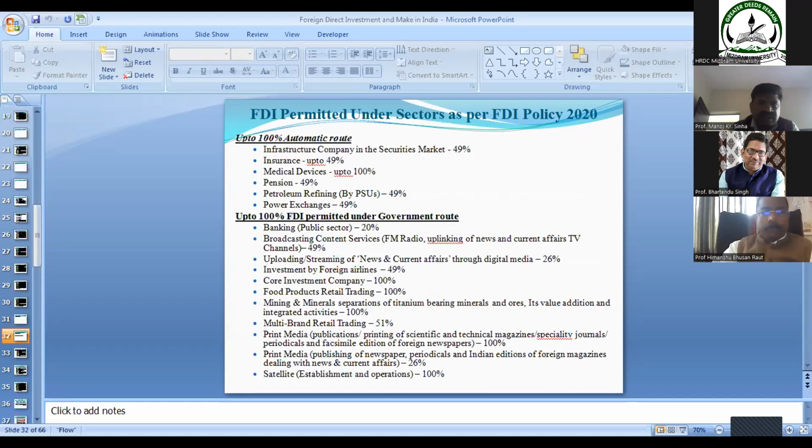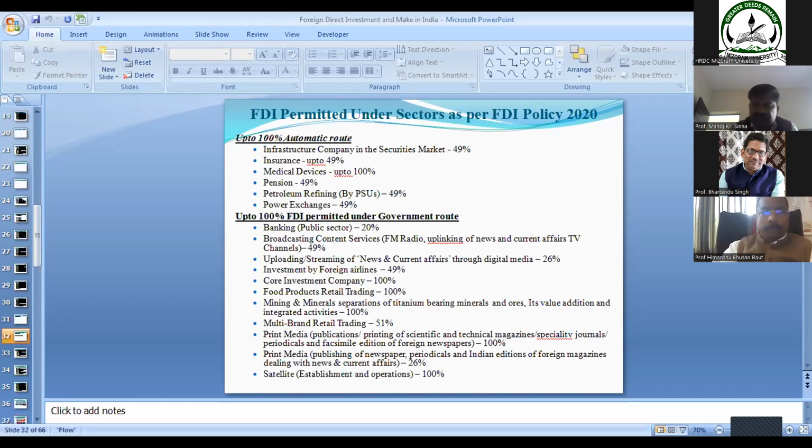And the third one is up to 100% FDI permitted under the government route. In this case, a foreign investor can make an investment in India up to 100%, but for that they must take prior approval from the government.